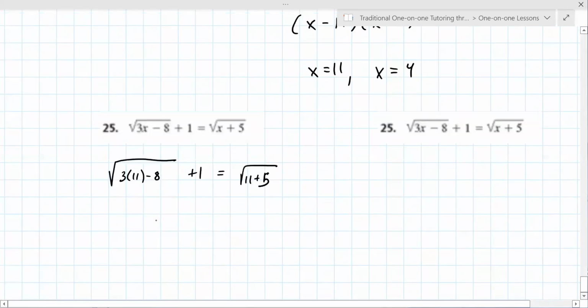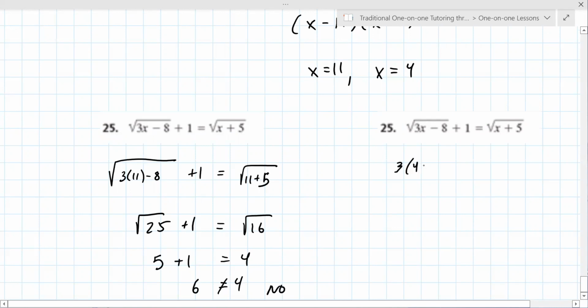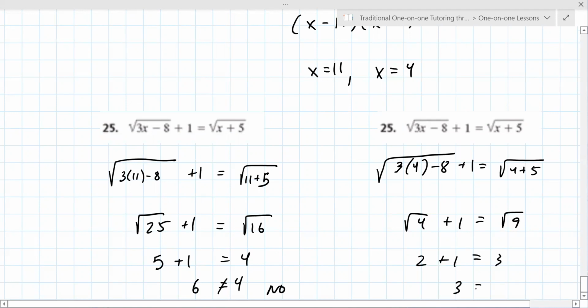So 33 minus 8 is 25. So square root of 25 plus 1, that's 5 plus 1. Oh, see, that one does not work. 6 does not equal 4. So 11's wrong, although it had all the appearances of probably working out. So this one's 2 plus 1. So the one on the right does work.